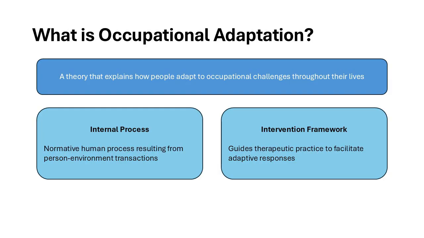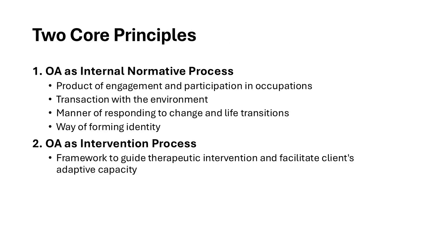And the beauty is how those connect. The first two facets, the internal normative process, they combine into this core principle, which is OA as an internal normative process. It's the result of doing things, engaging in occupations, interacting with the environment, responding to change. Okay. But here's the key bit the source really highlights. This internal process is a fundamental way we form our identity.